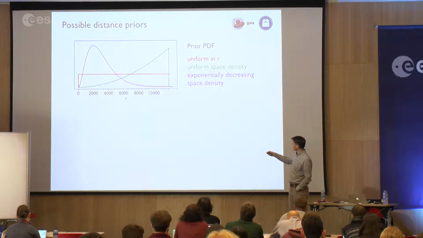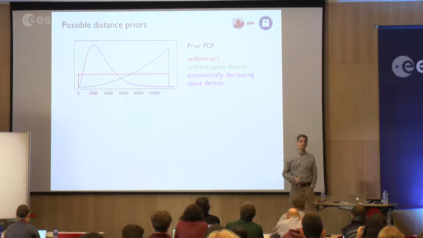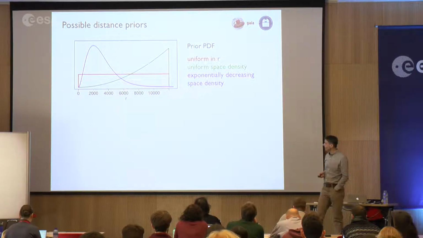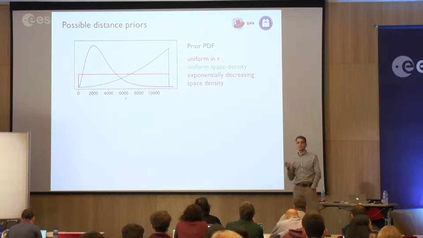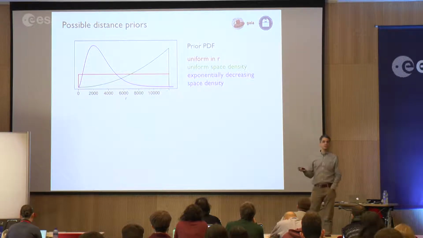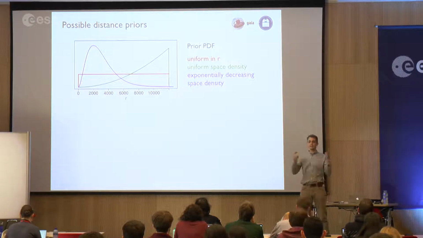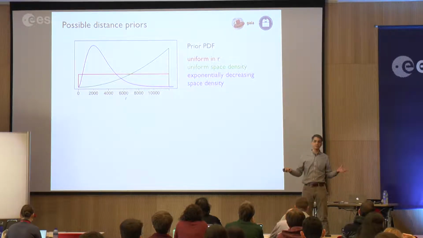And this also has just one parameter, which is the length scale at which the exponential decay starts to become significant, okay? And the other thing that I perhaps should have said, if it's not obvious already, is that they're all isotropic, right? They all assume that the galaxy or the universe does the same thing in all directions, right?